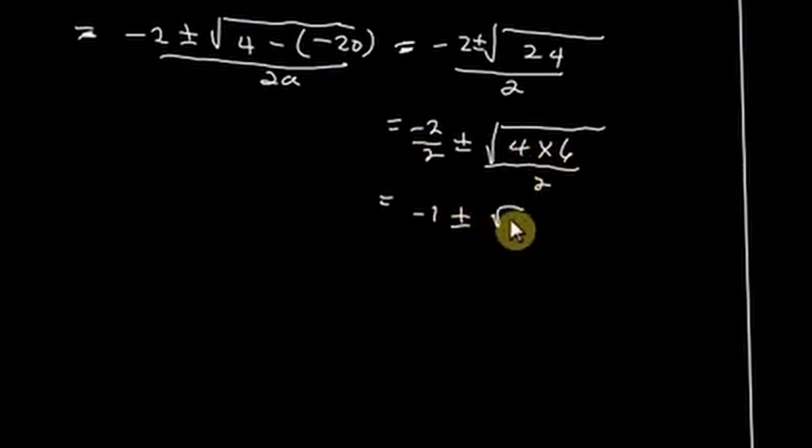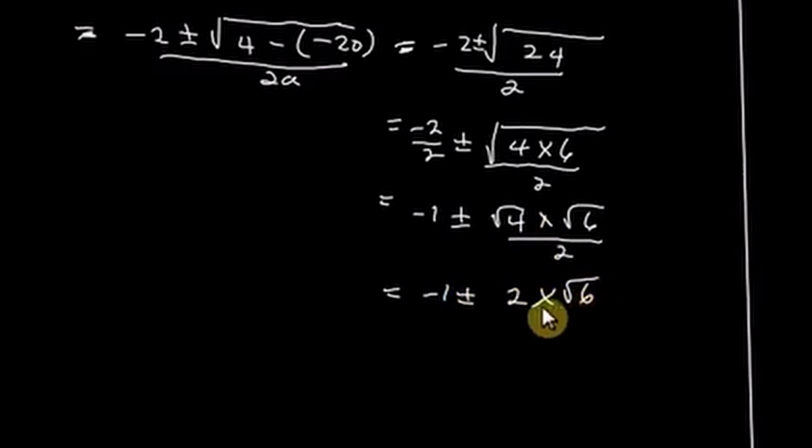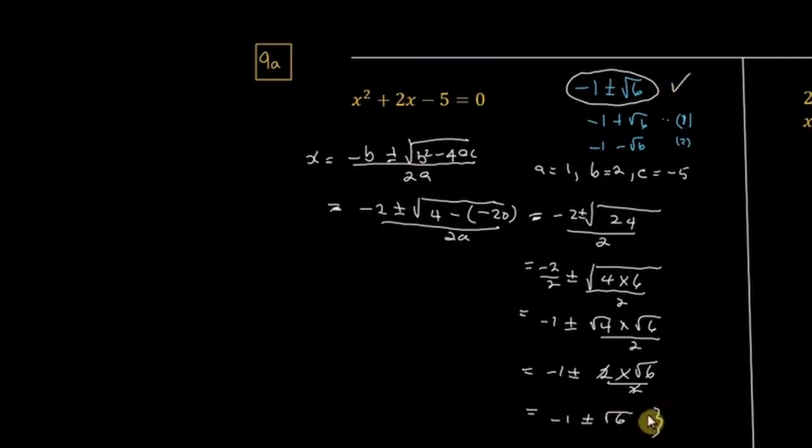I could split this as root of 4 times root of 6, all over 2. That's equal to negative 1 plus or minus the root of 4, which is 2, times root of 6, all over 2. This 2 would cancel with this 2, and the result would be negative 1 plus or minus the square root of 6, and this looks exactly like the solution we're trying to show.